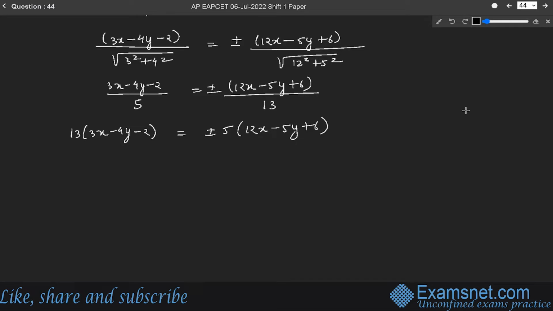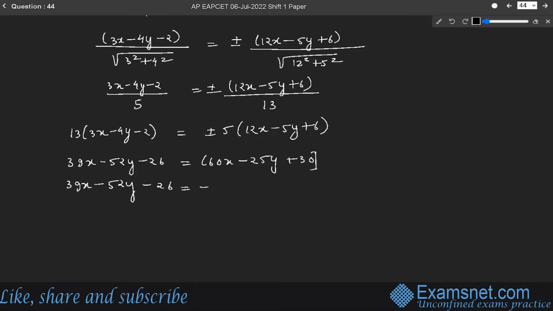So we will have two values, one value for the plus sign and one value for the minus sign. So the values will be 39x minus 52y minus 26 is equal to 60x minus 25y plus 30, and another value here will be 39x minus 52y minus 26 is equal to minus 60x plus 25y minus 30.